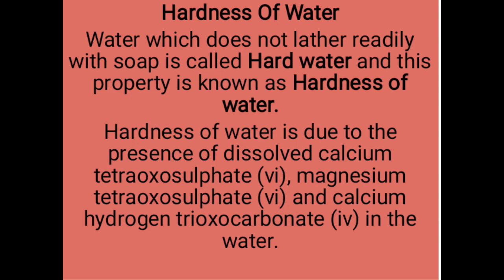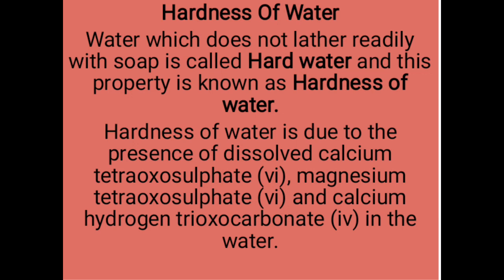What causes this? We have three compounds that cause hardness in water. One is calcium tetraoxosulfate 6. Either calcium tetraoxosulfate 6 or magnesium tetraoxosulfate 6. Both of them cause permanent hardness in water, because we have two types of hardness in water, permanent and temporary.